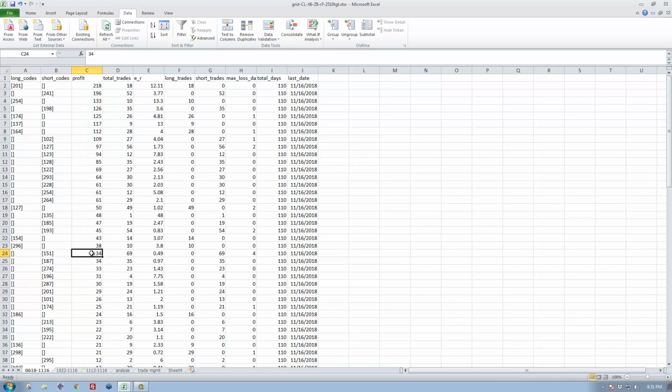That made 34 ticks across 110 days, $340, but it took 69 trades to do that, which means you're taking a lot of losses actually. 0.49 is the efficiency ratio. So what that means is you took basically twice as many trades as ticks that you made. Not very good. All right.